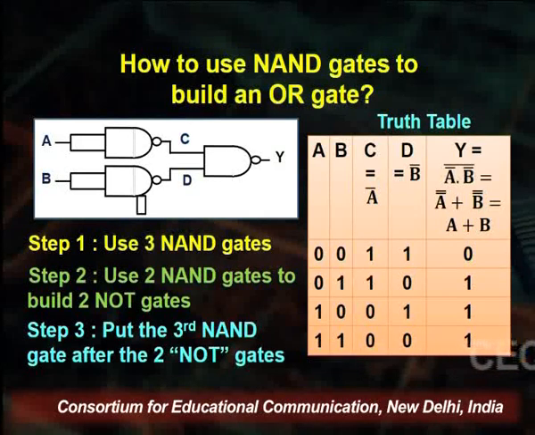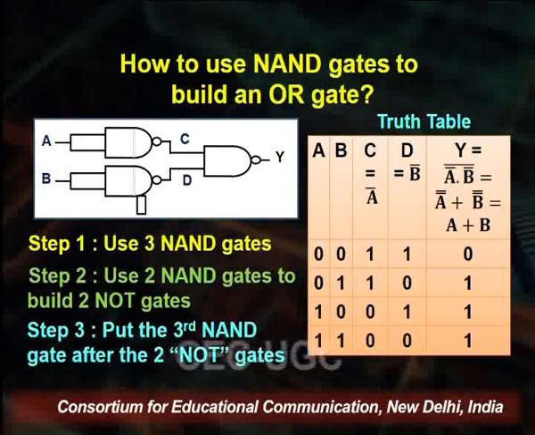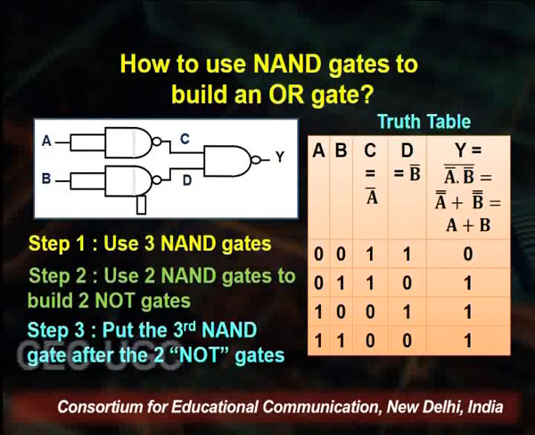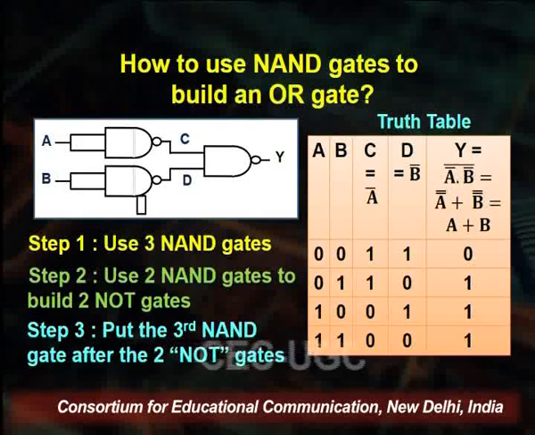So, effectively what we can see, when A equal to 0, B equal to 0, then the values of C as well as D come out to be 1 and 1, and with the 1 1 combination the output of the NAND gate is 0. When A is equal to 0 and B is equal to 1, then the value of C, A being 0, gives us 1, and B being 1, D is 0.